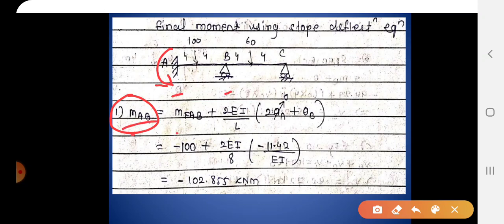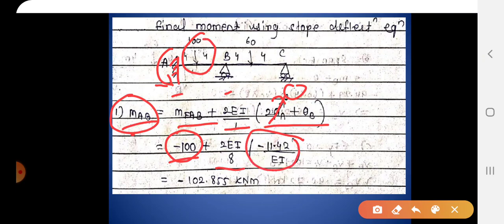Therefore MAB is equal to MFAB plus 2EI by L into 2 theta A plus theta B. Now here A is a fixed end, no rotation is allowed, therefore theta A will be 0. Then put the value of MFAB. What is this MFAB? Yes, due to this central point load, anti-clockwise, minus PL by 8. Therefore minus 100 plus 2EI by 8 into, yes, this 2 theta A is 0, put the value of theta B and find the final moment MAB.